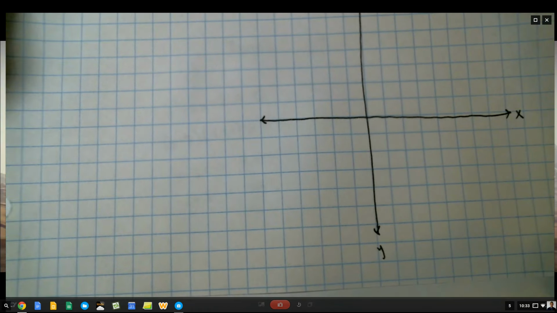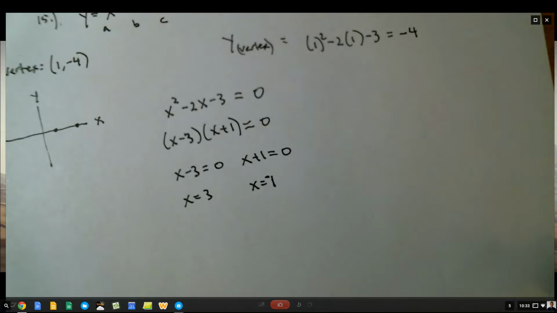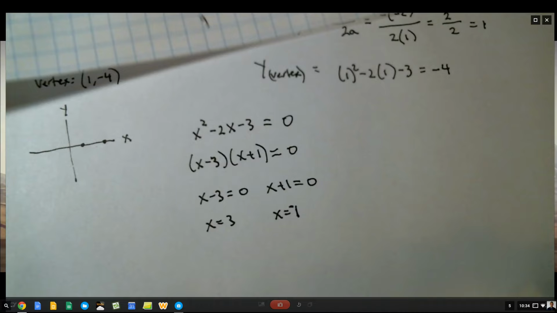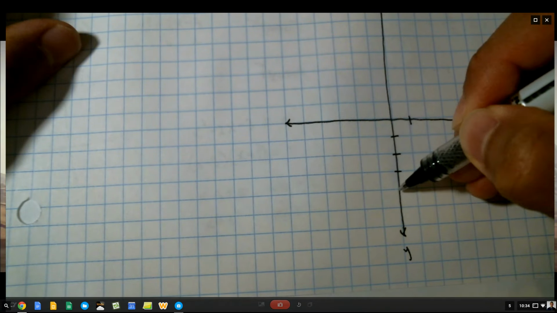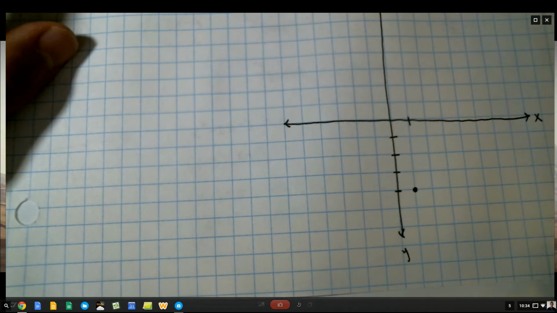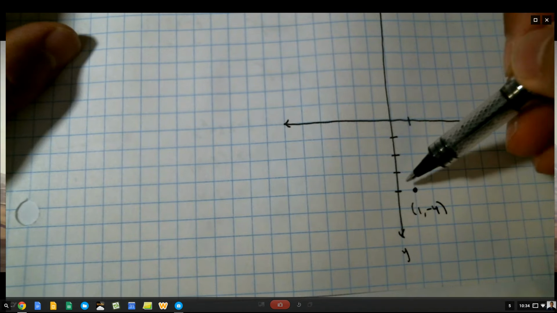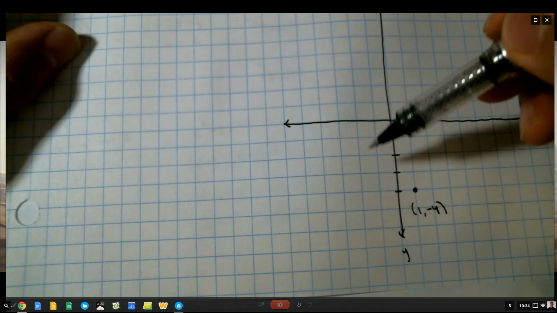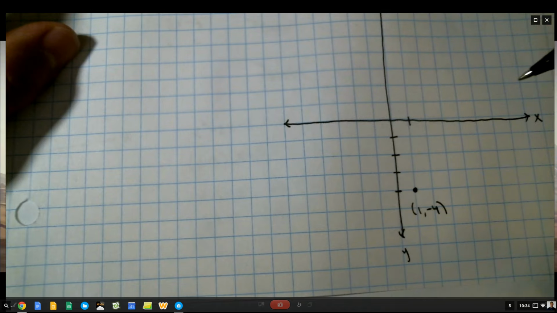We said the vertex is at (1, -4). So 1, 2, 3, 4, -4. That is my vertex right there. Now before, we would pick a point left of it and right of it and get our little parabola. Now we can get a much more accurate parabola because now we know where it crosses the x-axis.